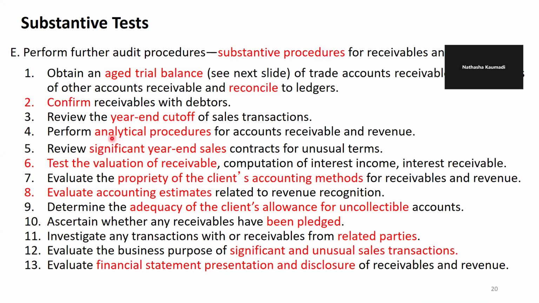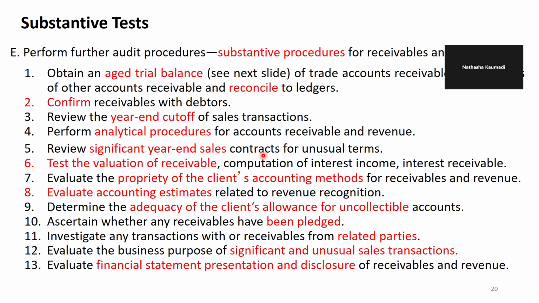Perform analytical procedures for accounts receivable and revenue. I explained very well how you perform the analytical procedures for revenue, isn't it? Review significant year-end sales contracts for unusual terms. When you go through the sales listing, you can identify, with the values or different amounts or different names, that unusual term contracts can be there.